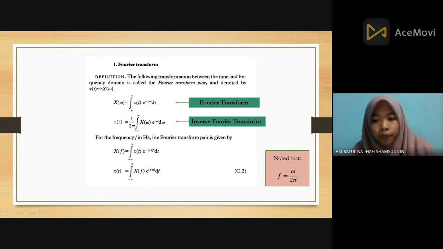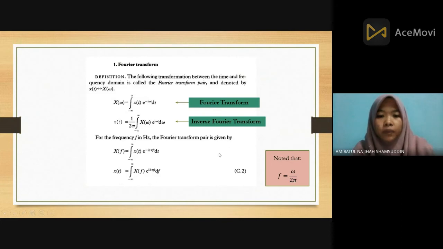From this we can see the difference between the angular frequency and the frequency, which is the exponent i omega t, where we note that f equals omega over 2 pi.